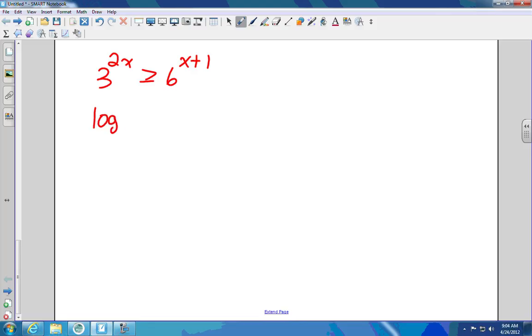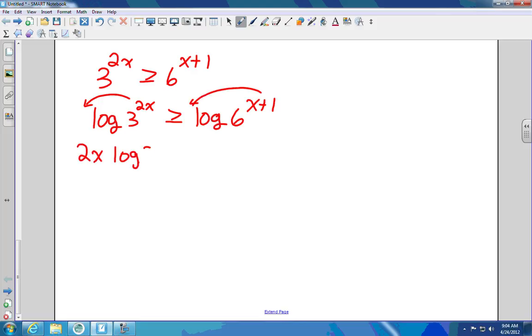So we have log of 3 to the 2x greater than or equal to log 6 to the x plus 1. Then what? Bring those exponents around. So we have 2x log 3 greater than or equal to x plus 1 log 6.